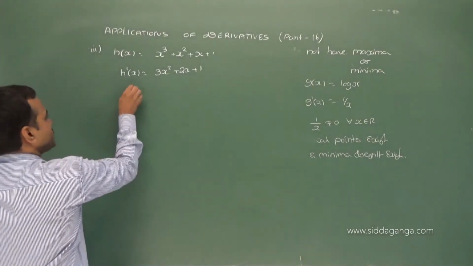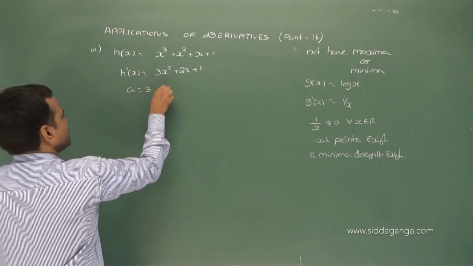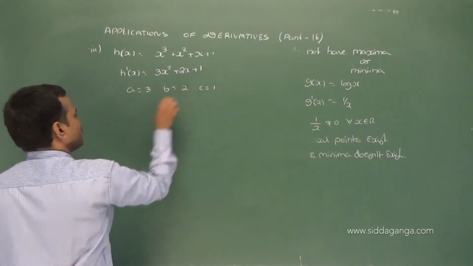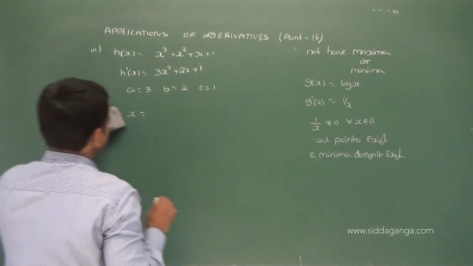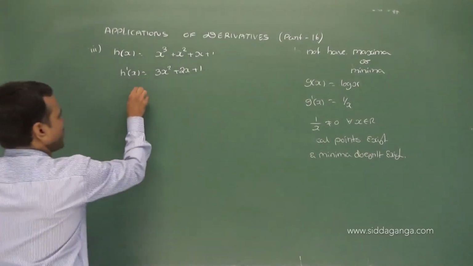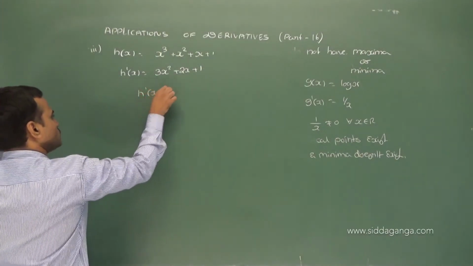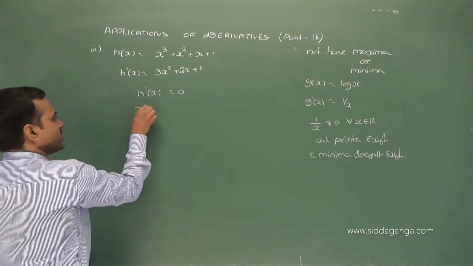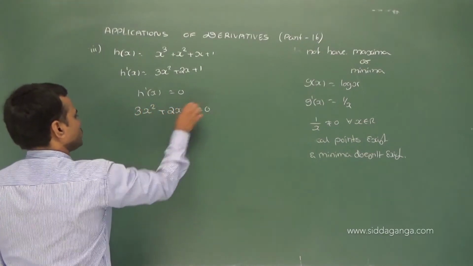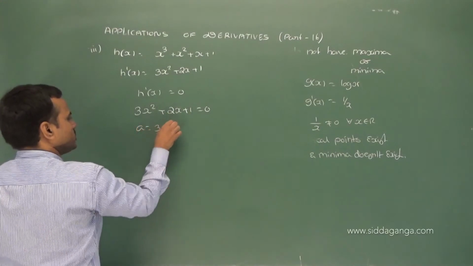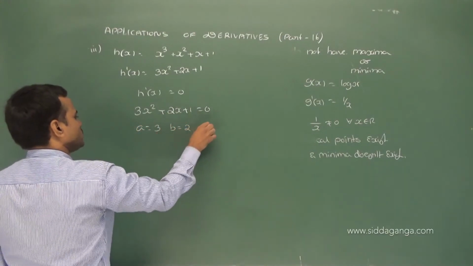Okay, so a is equal to 3, b is equal to 2, c is equal to 1. We know the quadratic equation. For that, h dash of x is equal to 0. Correct now? 3x square plus 2x plus 1 is equal to 0. A is equal to 3, b is equal to 2, c is equal to 1.